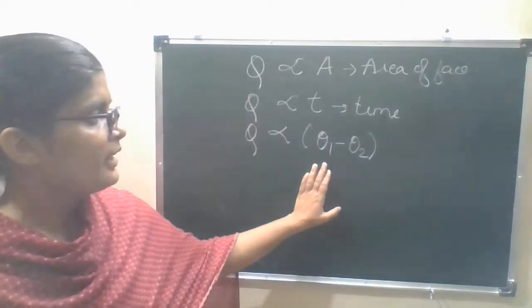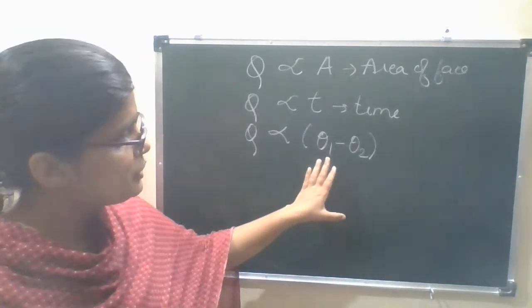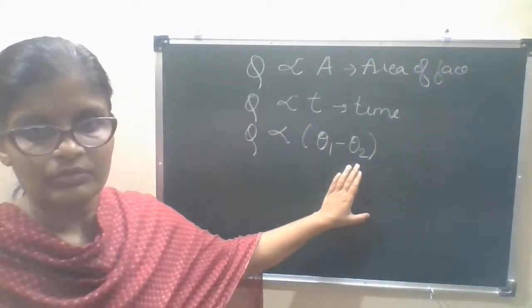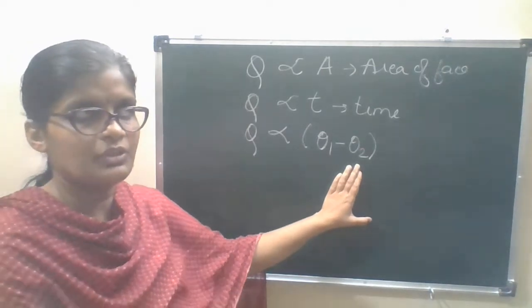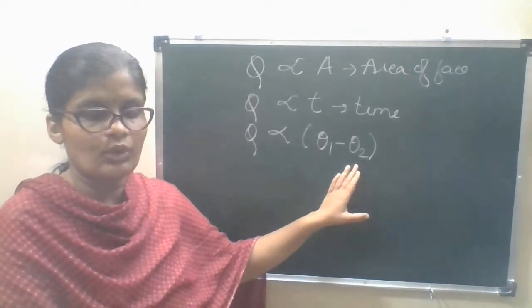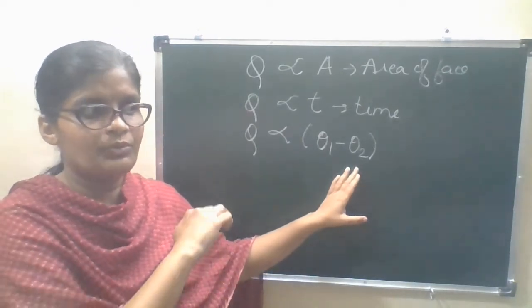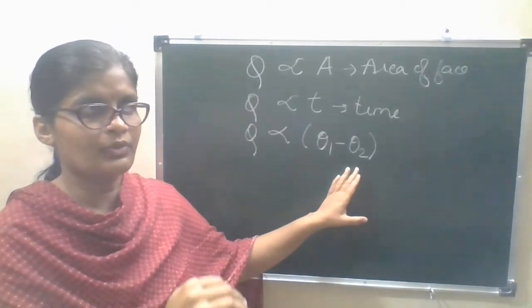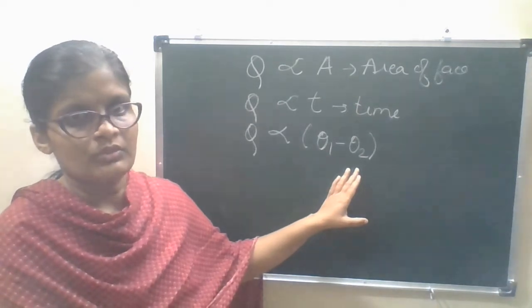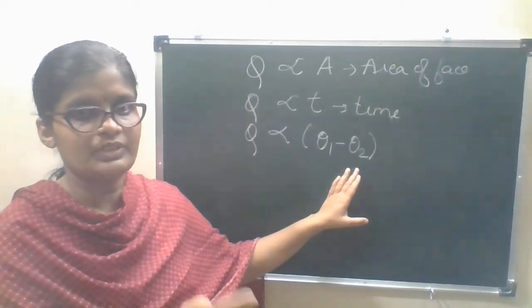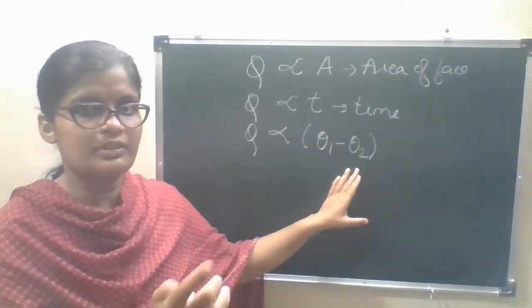Now why did we take theta 1 minus theta 2? Because in the figure it was denoted that the flow of heat is from theta 1 to theta 2. So we came to know that theta 1 was greater than theta 2.